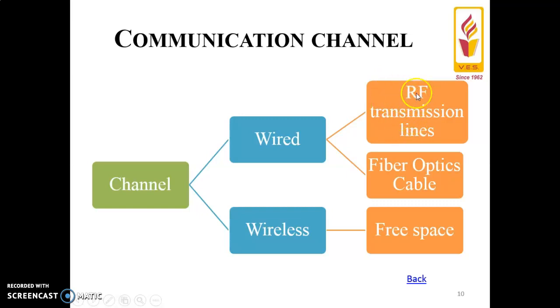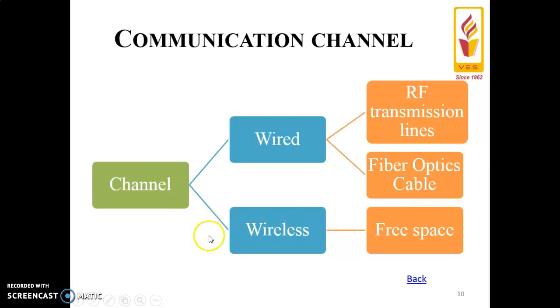Those are examples of RF transmission line. Your LAN connection, your MAN connection. Then fiber optics cable uses a different technology where your information has to be converted into light. So this is a recent development which provides very high data rate communication. We will see this topic later.